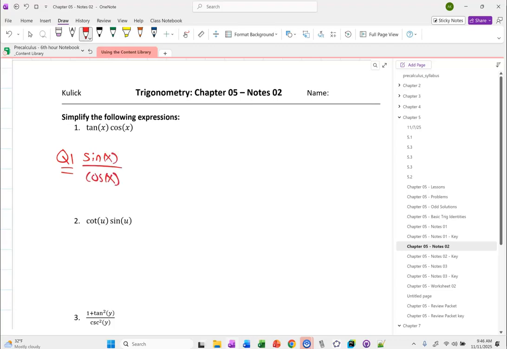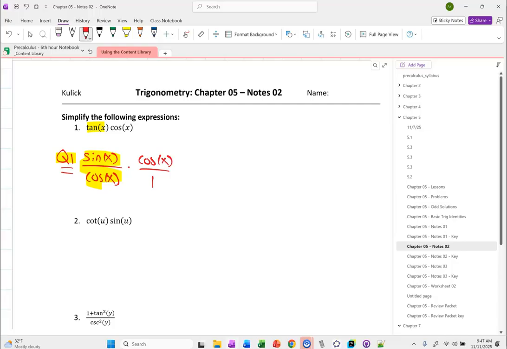And I'm going to rewrite cosine x as a fraction, since if I'm multiplying two fractions together, probably makes sense to write the second one as a fraction, so it's easy to tell.